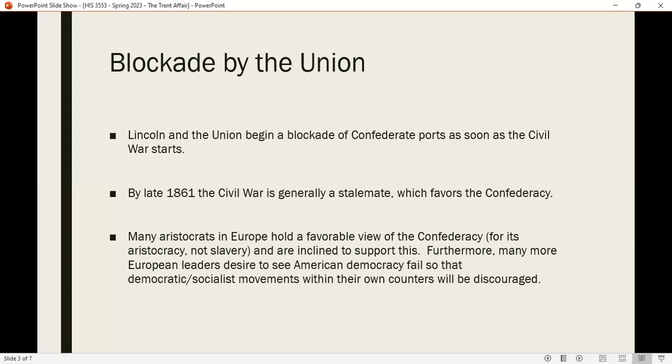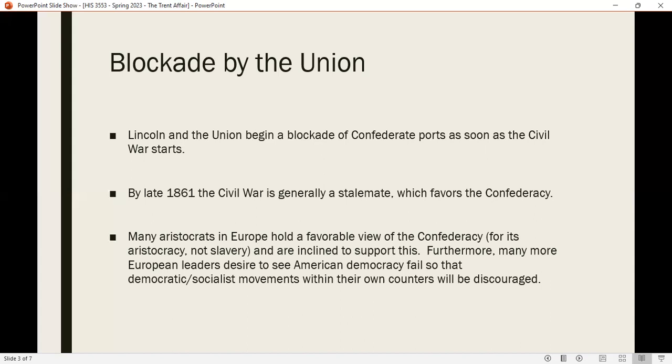Also playing out in the background here is that there are many aristocrats in Europe who hold a favorable view of the Confederacy, mainly because they view it as a sister aristocracy in America. Most of the aristocrats in Europe are actually anti-slavery, but they want to support the Confederacy.